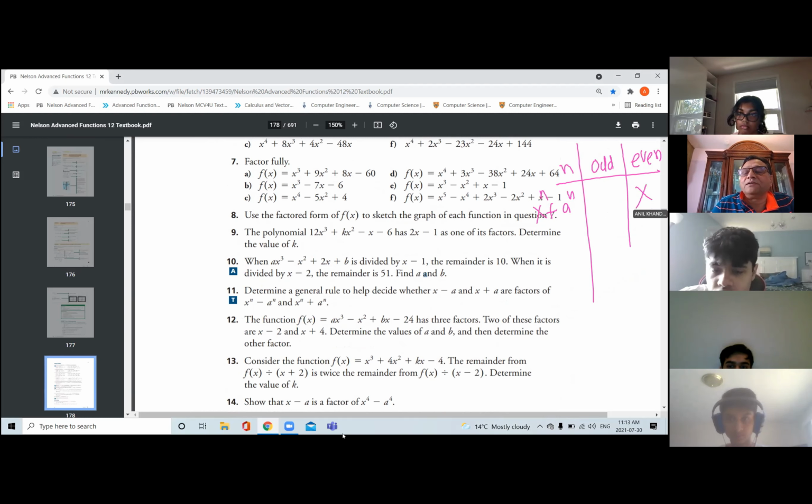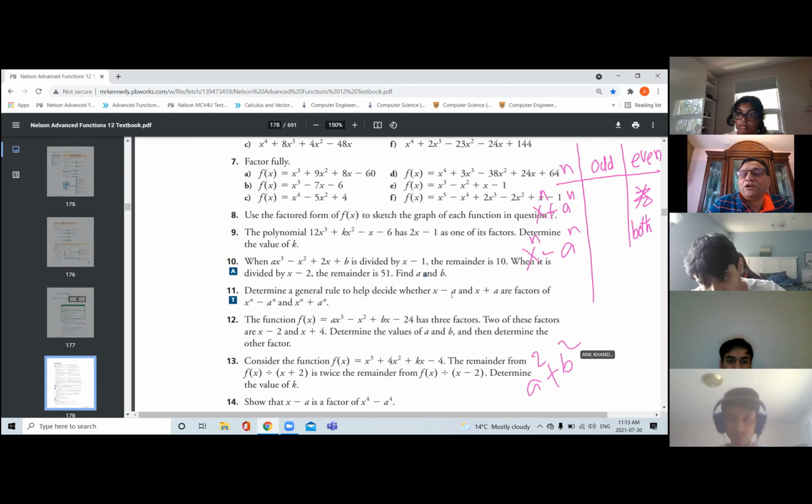None. But if I have x to the power of n minus a to the power of n, both, because difference of squares is a plus b times a minus b, correct? But if I have a squared plus b squared, then it cannot be factored, right? That is what I mean. It cannot be factored, correct?